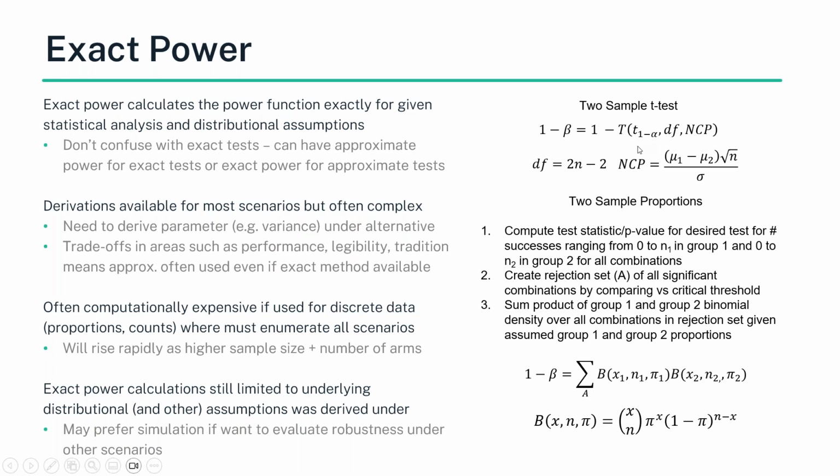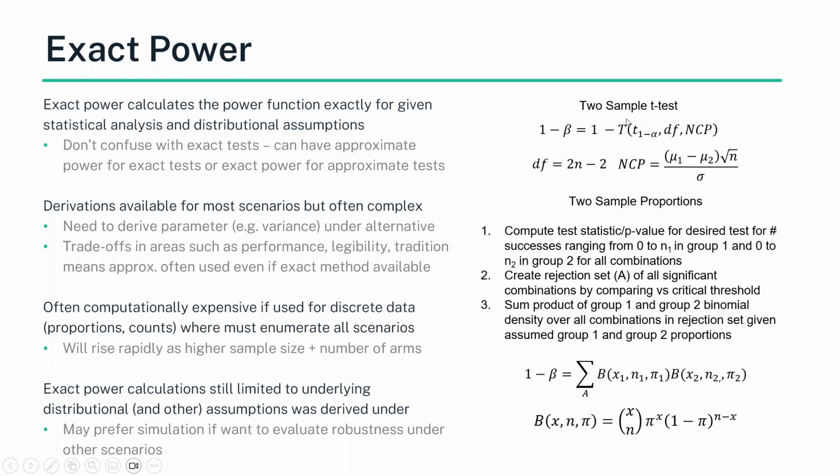But you can see that for certain cases, like the two sample t-test, the derivation isn't trivial because you're using the non-central t-distribution rather than the z-distribution, but it's not too difficult, right? You basically calculate the critical t-statistic using the t-distribution instead of the normal distribution, with degrees of freedom equal to 2n minus 2. Obviously here again, assuming sample size is equal per group, and that's the sample size per group.